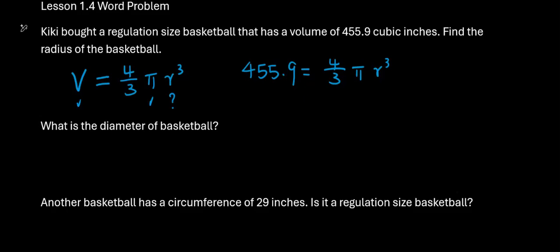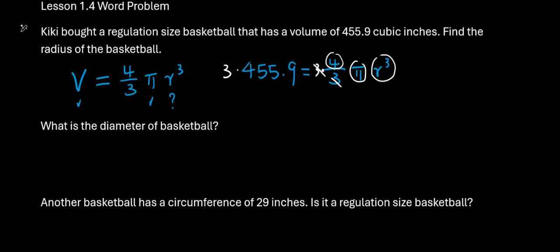And then let us get rid of 4/3 first. You can do an inverse. However, the simpler way is to multiply each side by 3. In this way, here we only have 4 times pi times r raised to the third power.